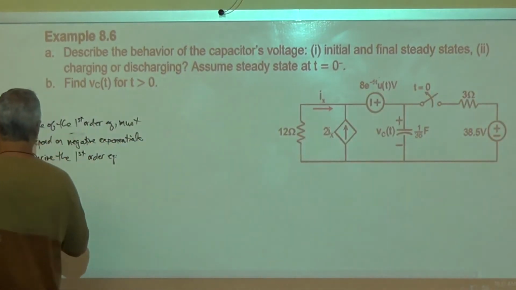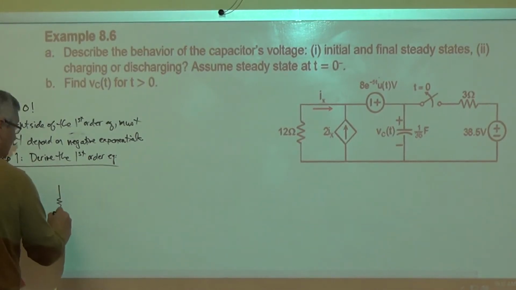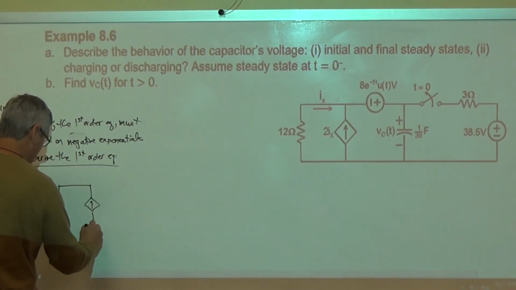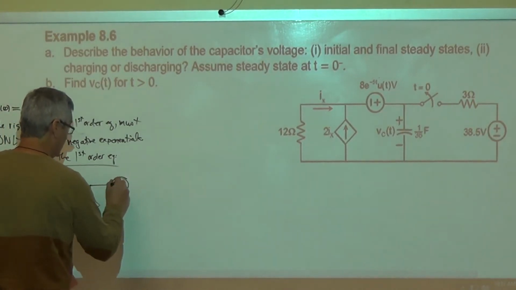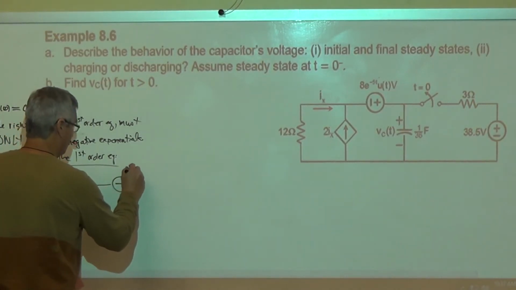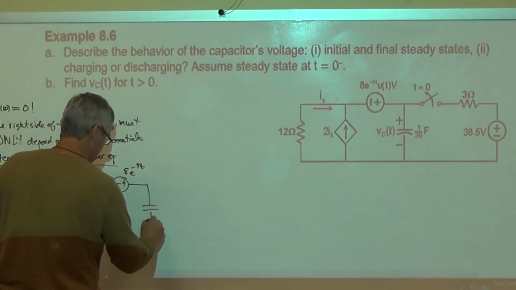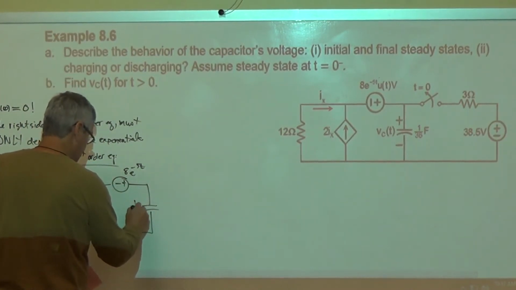So now, we're at t equal to 0 plus. What's my circuit? Looks like this. Right, so we know this is 136.